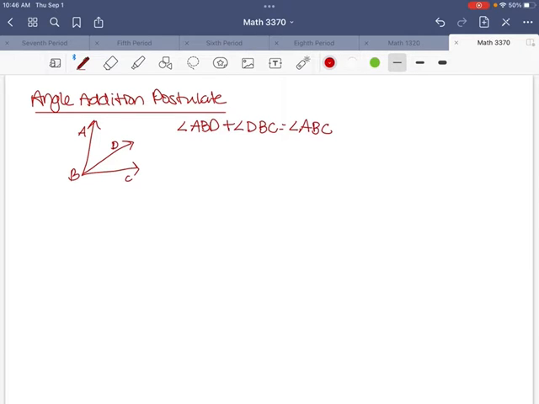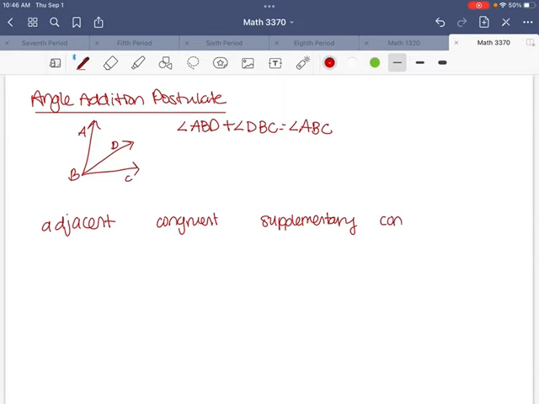And let's talk about some different types of angles. We have adjacent angles. We have congruent angles. We have supplementary angles. And we have complementary angles.